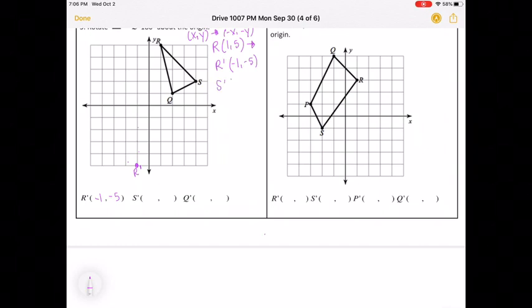Okay, so S prime should have become -4, -2. Oops. And Q prime should become -2, -1. Okay, 1, 2, 1.